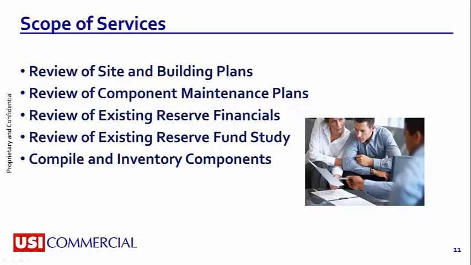Based on information provided by the client's vendors, and our assessment of the components, we develop a component list and life and cost estimates. Estimated life expectancies and life cycles are based on conditions that are readily accessible and visible at the time of the site visit.